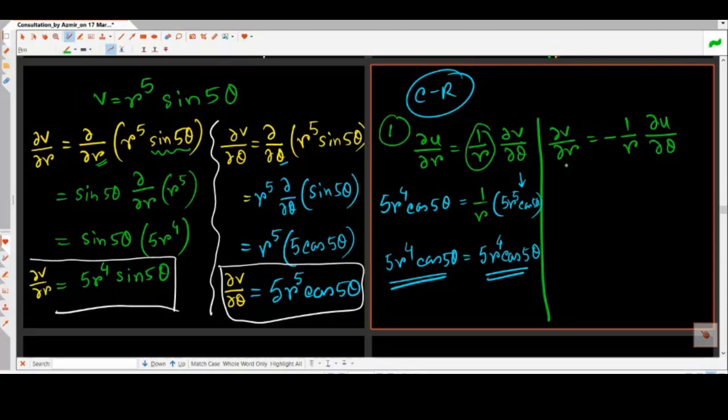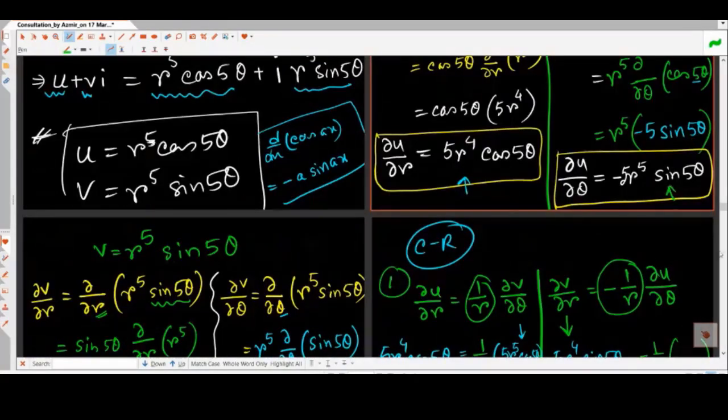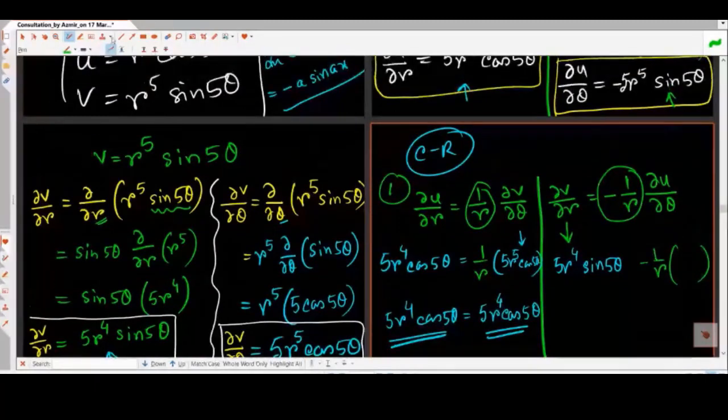Let's have a look at the second equation. So dv dr. Where is dv dr? It is this one, 5 r to the 4 sine 5 theta. On the right side, we have already negative 1 over r from the equation. And let's look at du d theta now. So du d theta is this one. We have negative 5 r to the 5 sine 5 theta.